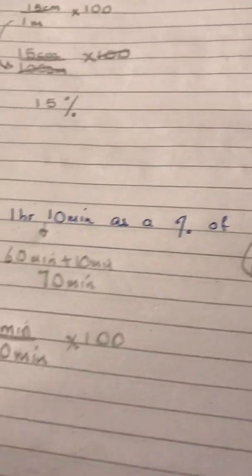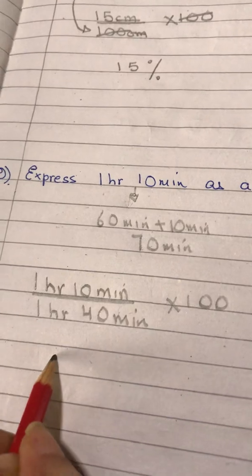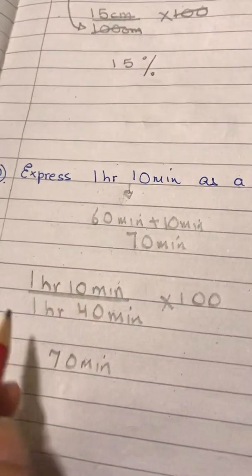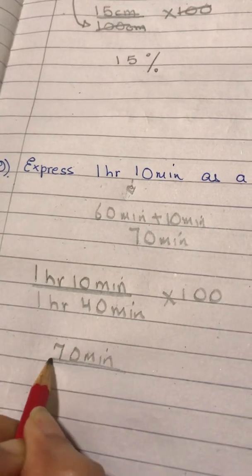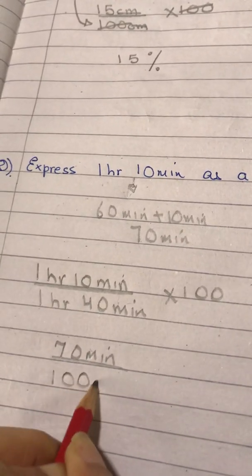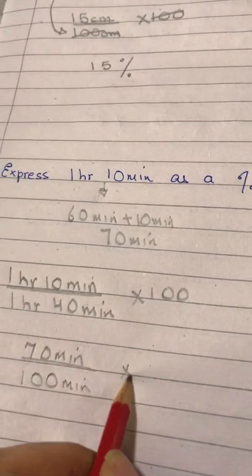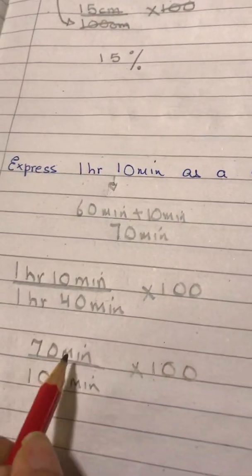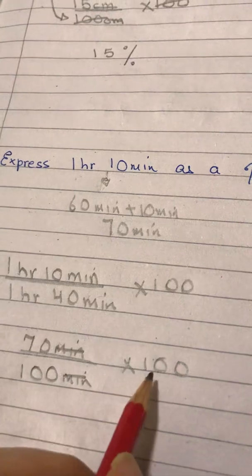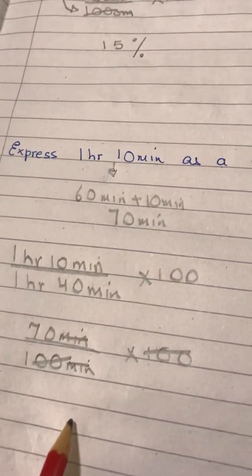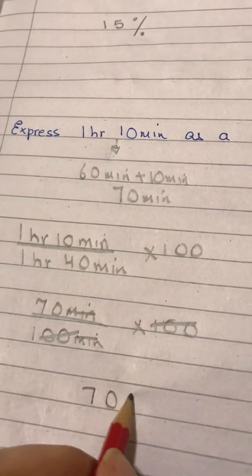So now we can replace it with this: 70 minutes, which is 1 hour 10 minutes, over 100 minutes, which was 1 hour 40 minutes, multiplied by 100. Minutes can cancel off with the minutes. Now 100 can cancel off with the 100, and our answer is 70%.